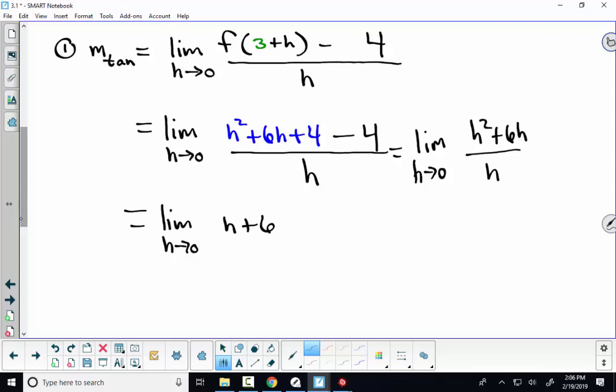As h goes to 0, this limit is 6. So you can verify that that is indeed the slope of the tangent line we got with the other formula on the first example we worked. So that was the same as our first example.